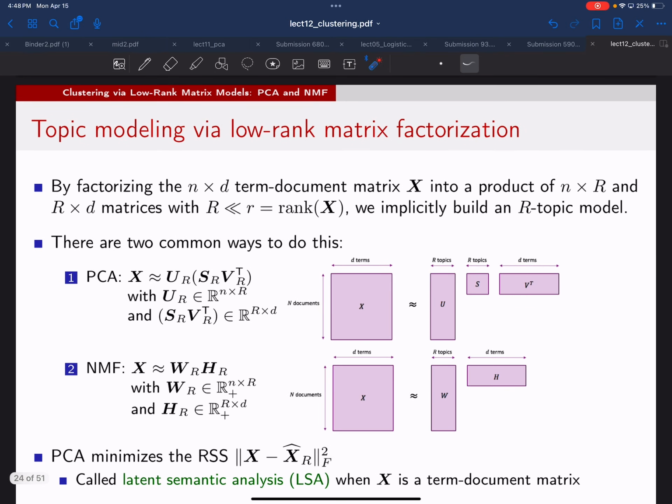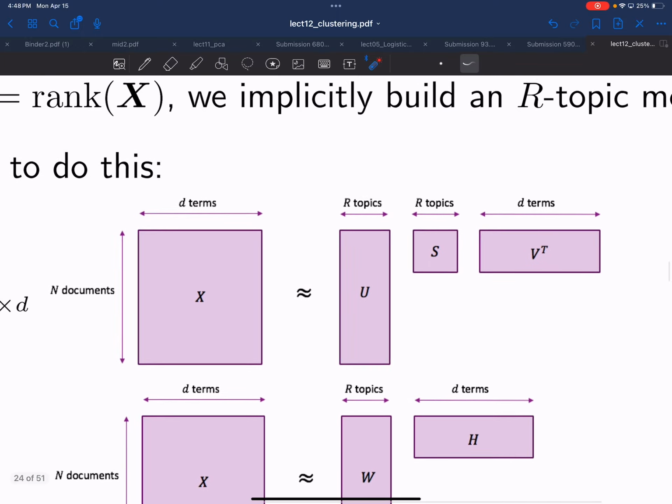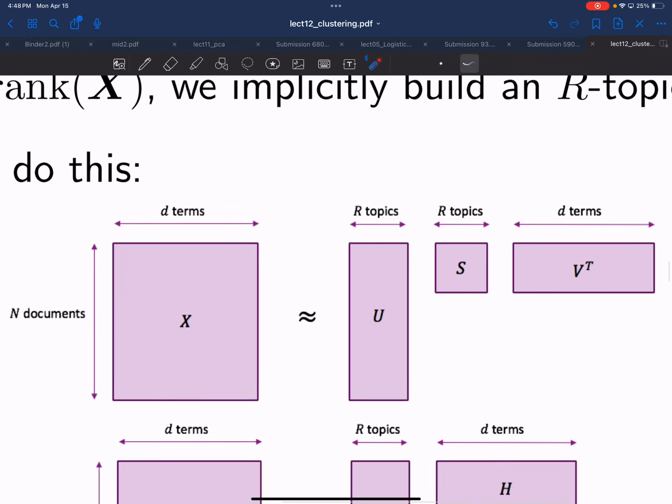So it might seem kind of strange. What does clustering have to do with PCA? So as we know, what PCA does pictorially is something like this. So this is our term document matrix, a matrix where as you go down the rows, you index over the documents. As you go across the columns, you index across the terms.